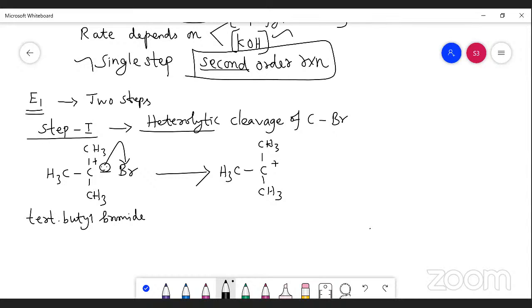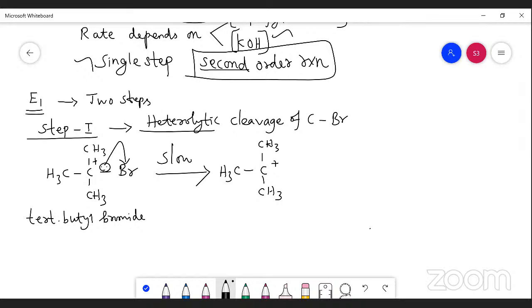This is the tertiary butyl cation. This is the product obtained in the first step. This product forms in a very slow manner. So step 1, heterolytic cleavage of tertiary butyl bromide gives tertiary butyl cation.